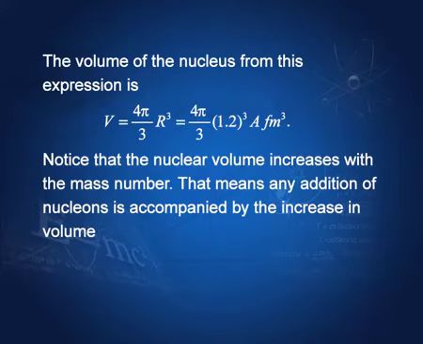So, when you raise it to power 3, it becomes A. So, that is the volume of the nucleus in Fermi cube. Notice that the nuclear volume increases with the mass number, proportional to A. So, as you go to larger nuclei, the radius also increases.